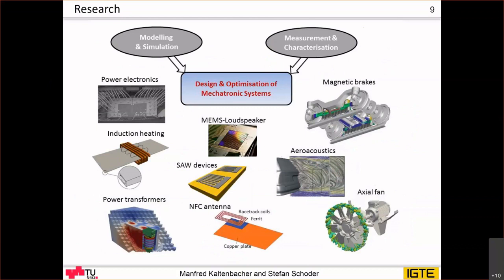This is our research, so we mainly concentrate on modeling and simulation of complex devices, which can be standard devices like NFC antennas or surface acoustic wave devices you have in your mobile phones, up to standard things as power electronics, or as we already have discussed, this induction heating or magnetic brakes, up to aeroacoustics. For this, we need a lot of physical modeling and special numerical schemes in order to solve the underlying coupled system of partial differential equations.